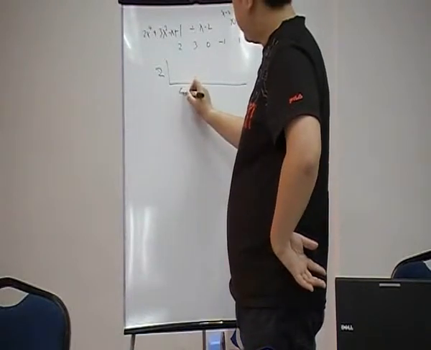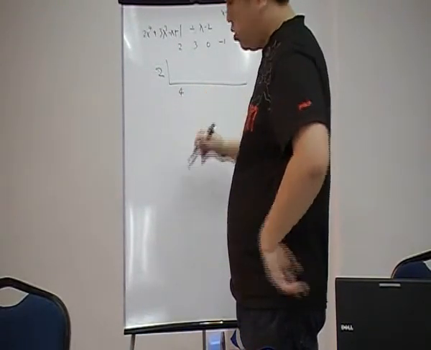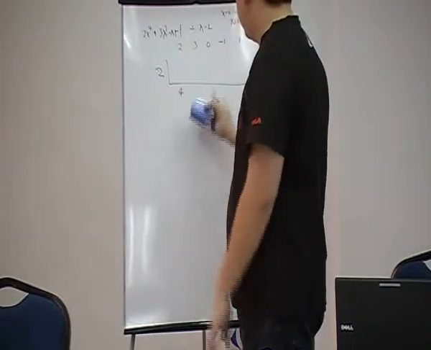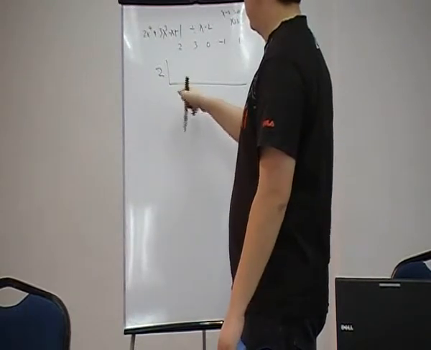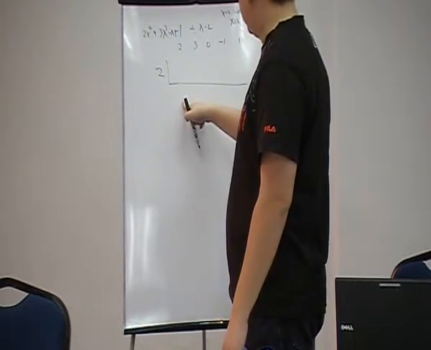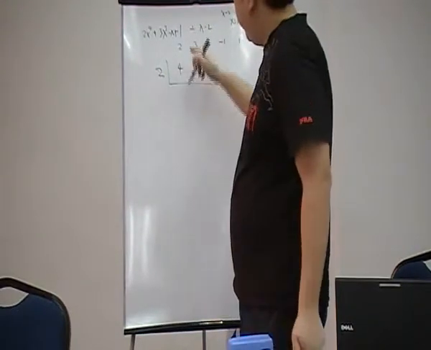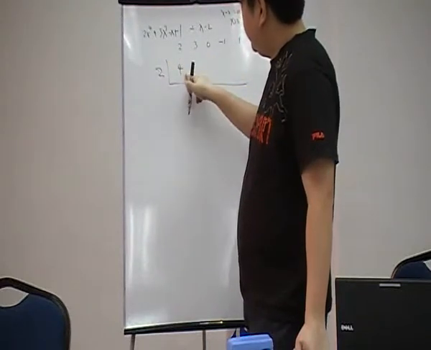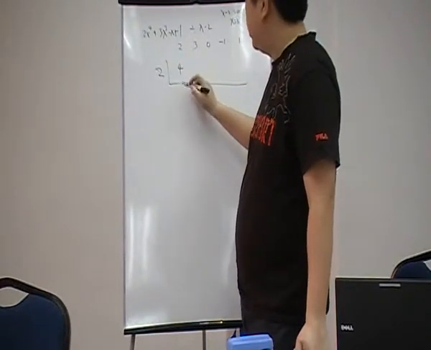So 4, 6, 0, and then minus 2, 2. Sorry, what am I doing? No, put it here, 4. Then this plus this gives you 6 down here.